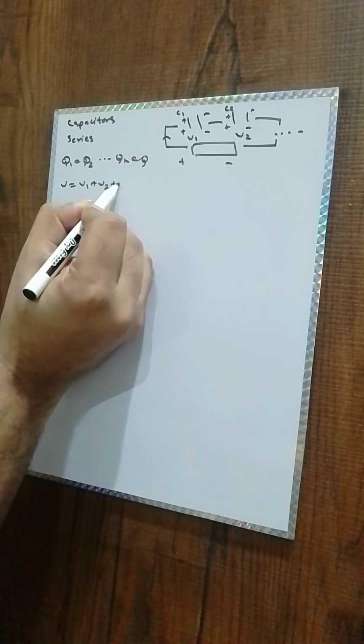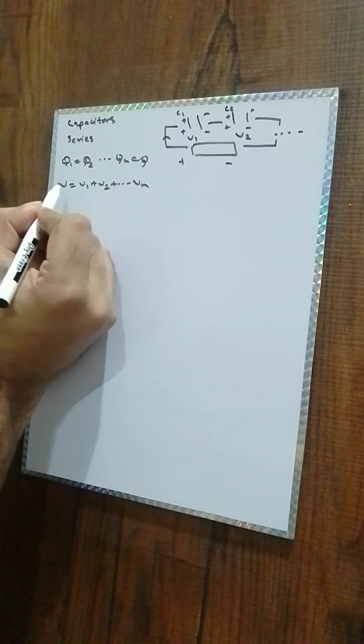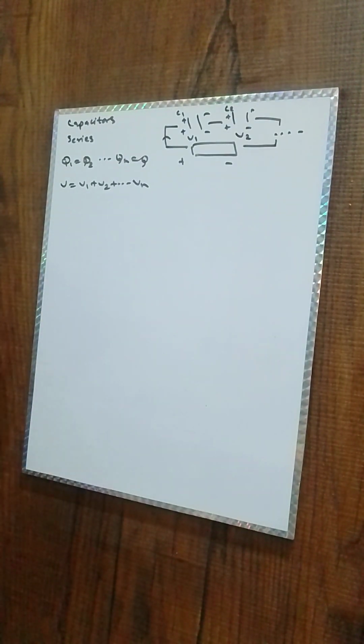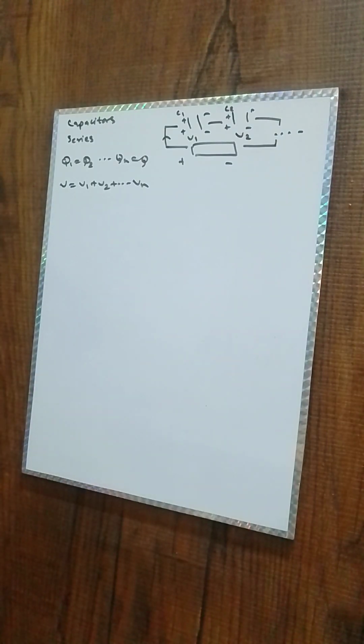So V1 plus V2 plus up to Vn gives us V, the voltage, and this is the voltage across all the capacitors in total.